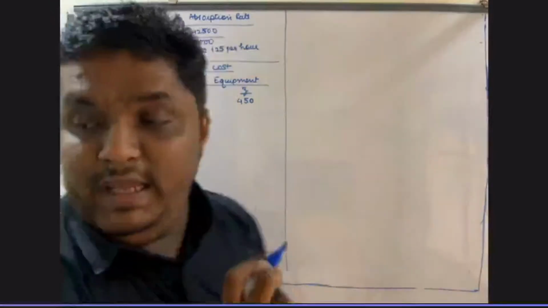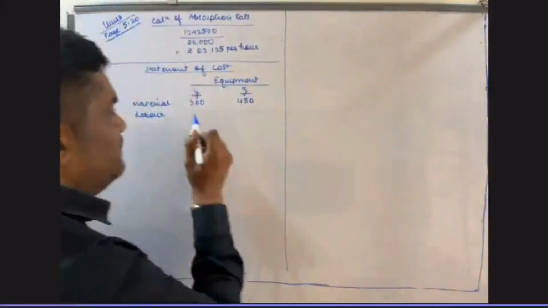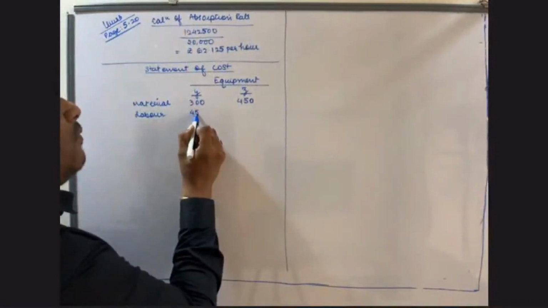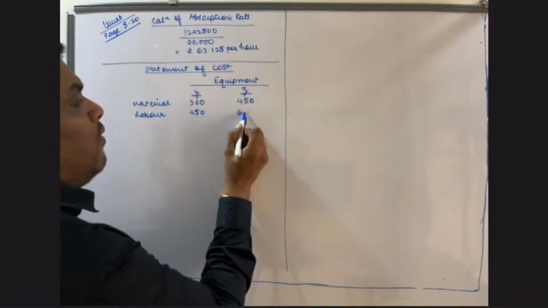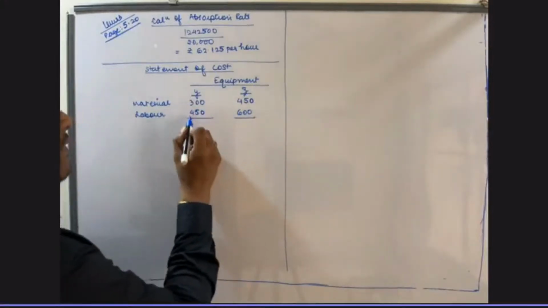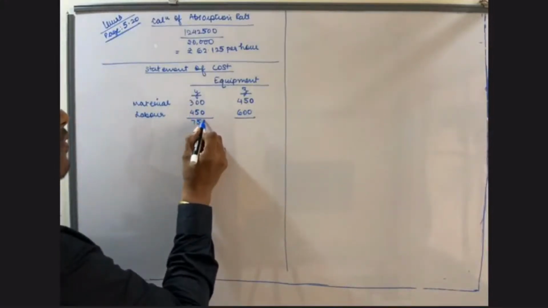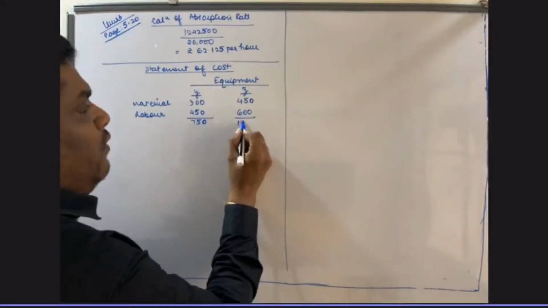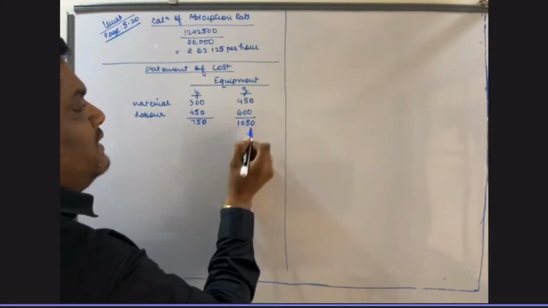When talking about the labor cost, it is given as 450 and 600. So my prime cost will be 750 and 1050.